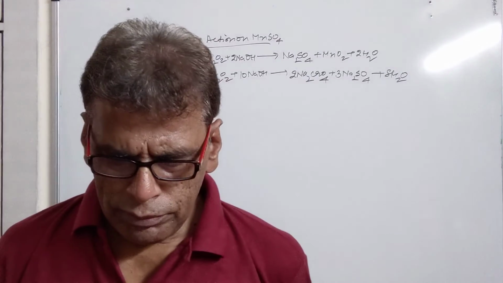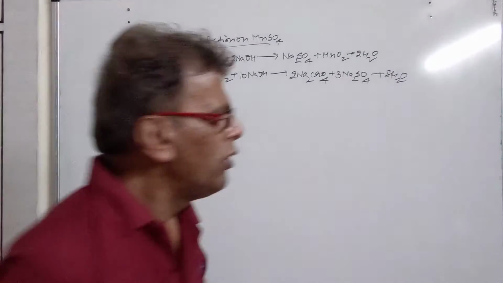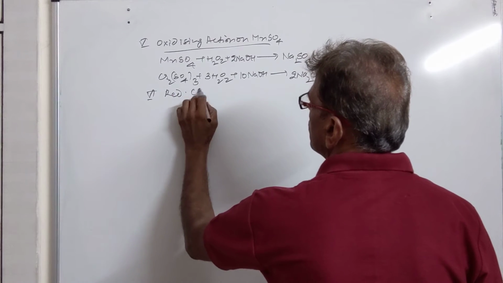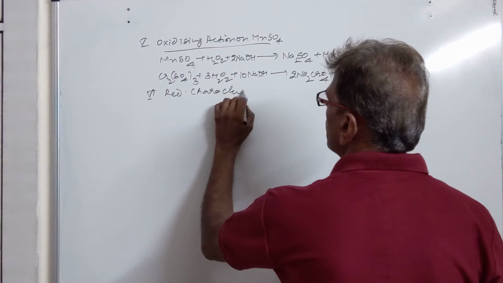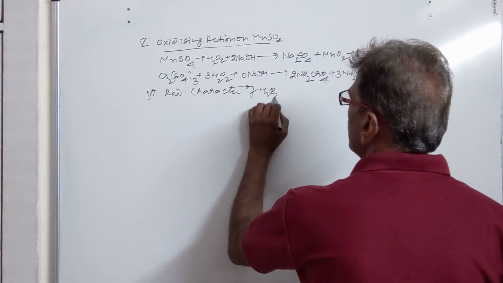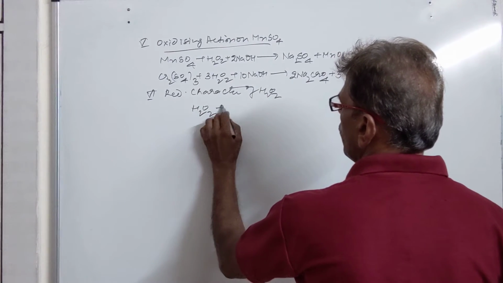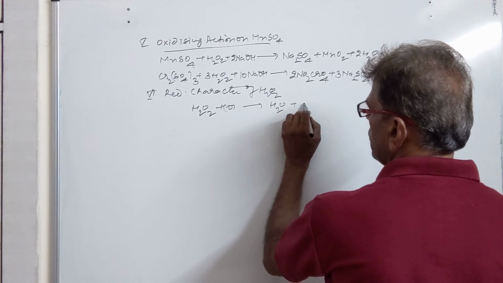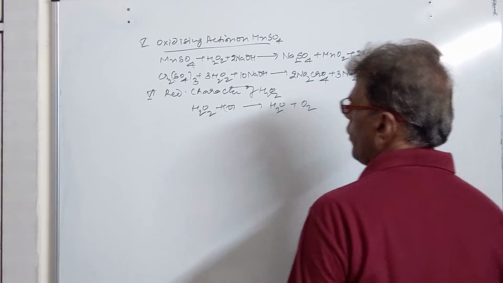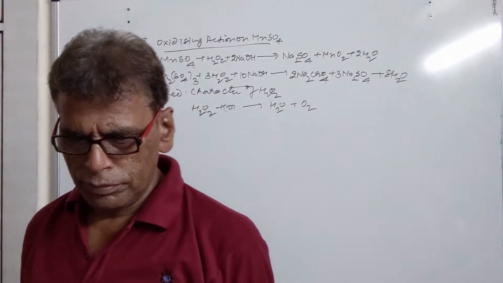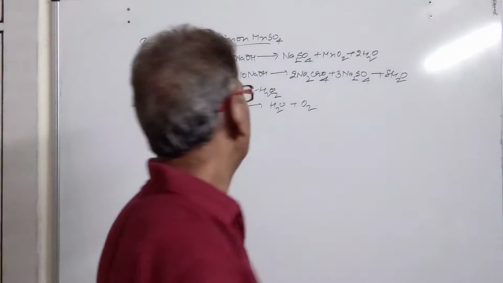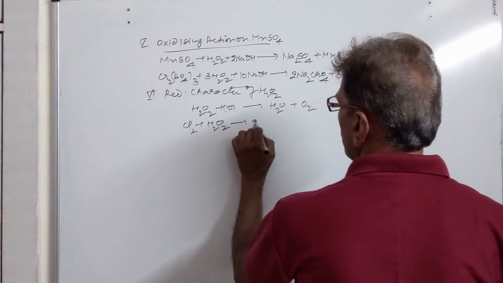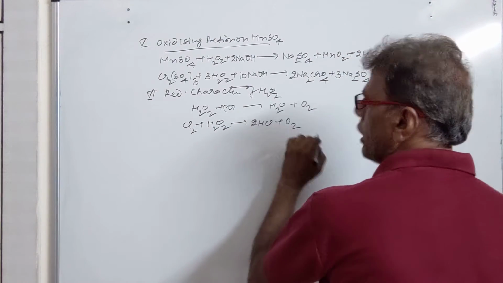Then we have the reducing character of H2O2. In reducing character, it takes off nascent oxygen from other substances, changes to H2O plus O2. Action on chlorine is a reaction of this category. We'll get 2HCl plus O2 in this case.